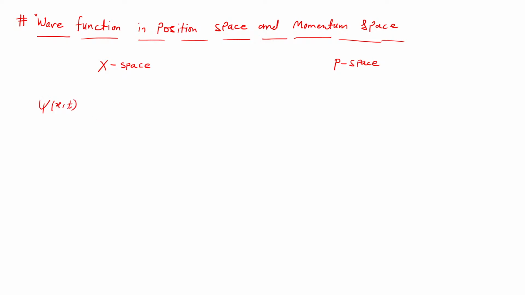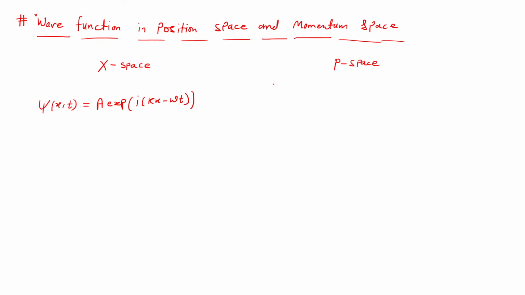So if we are in one dimension, we need x and the time dimension to describe it. So here, A exponential i(kx minus omega t) will be the representation of the wave function in the position space.